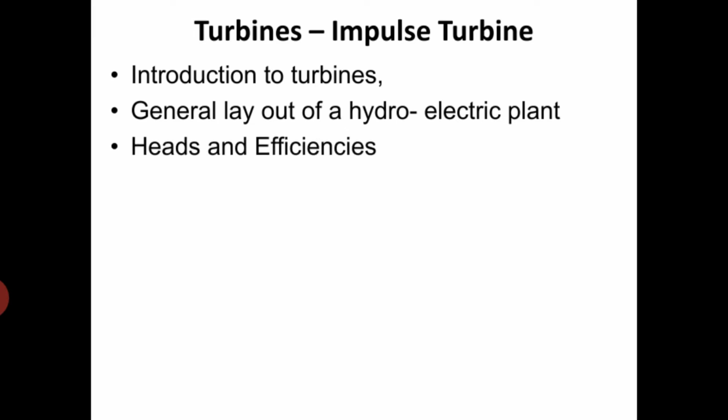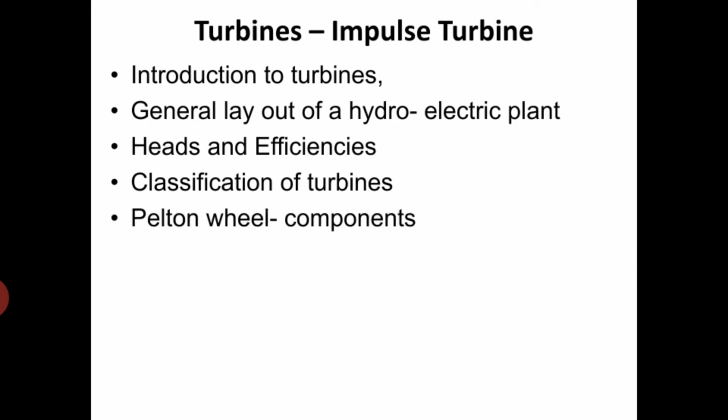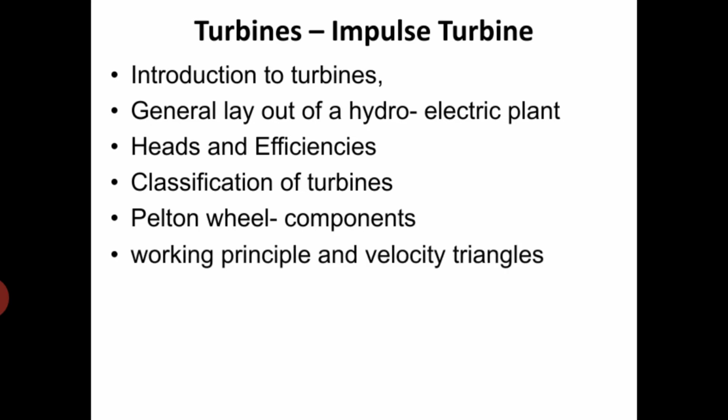Then the heads and efficiencies. There are different types of heads and efficiencies which are associated with the hydraulic turbines. Then the classification of turbines, the various classifications you will be studying here. Then the Pelton wheel and its components.